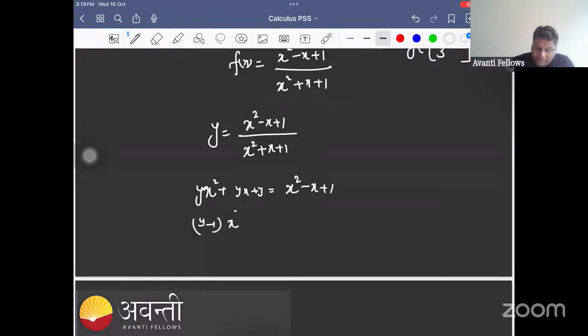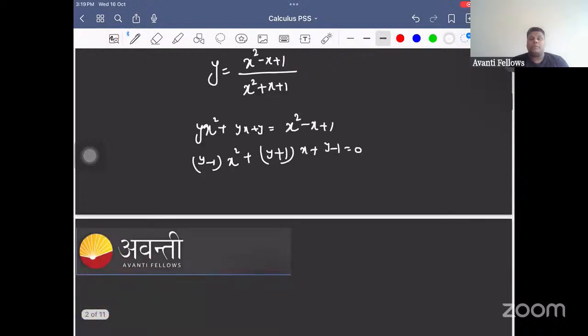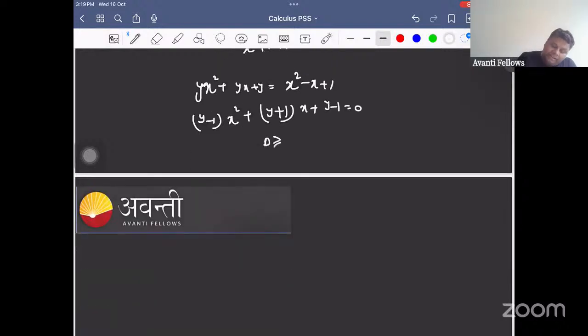So (y minus 1) x square plus (y plus 1) x plus (y minus 1) equals 0. Now this quadratic will have discriminant D greater than or equal to 0. So b square, that is (y plus 1) whole square minus 4 times (y minus 1) whole square, is greater than or equal to 0.